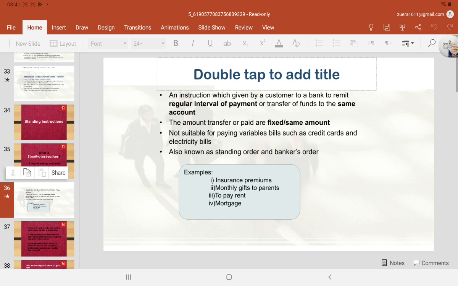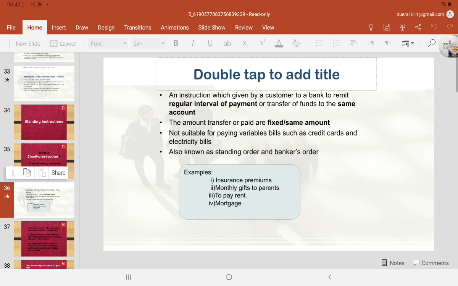For examples of transactions you can use the standing instruction for: insurance premiums, because the amount is fixed every month for the customers to pay to the insurance company. Or if you want to make a monthly gift, say pocket money for your parents or your children, with a fixed amount, you can use the standing instruction, because it will be deducted from your savings account every month with the fixed amount.